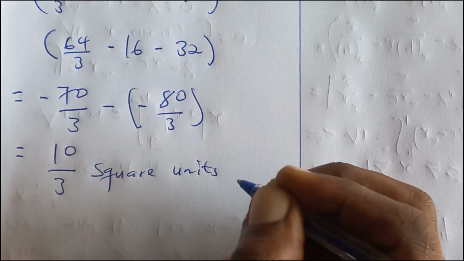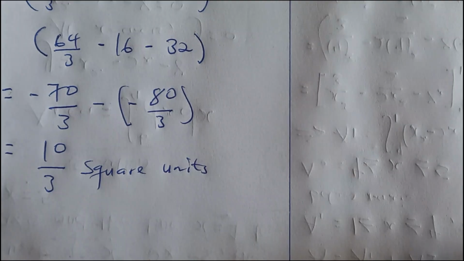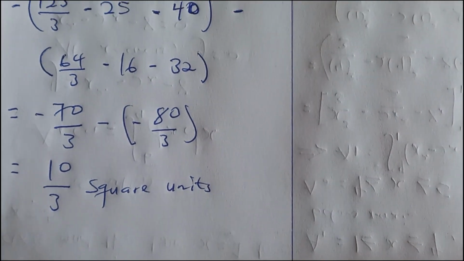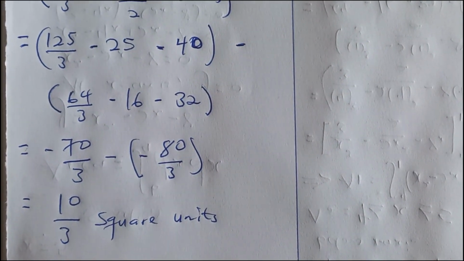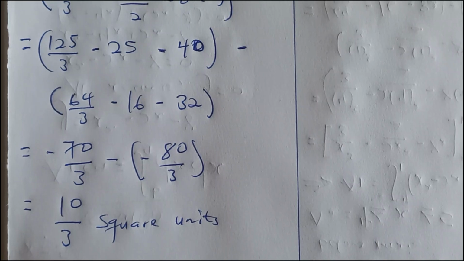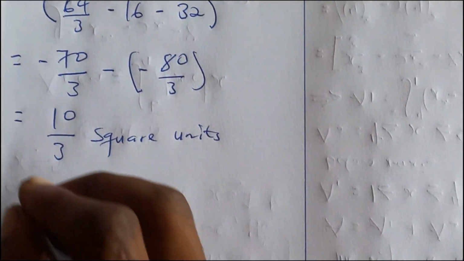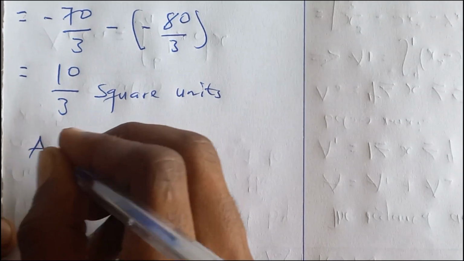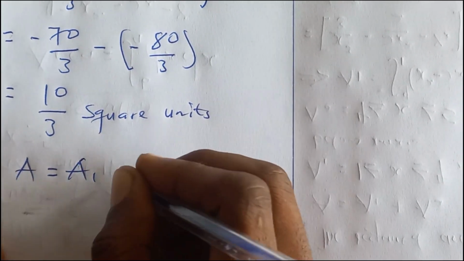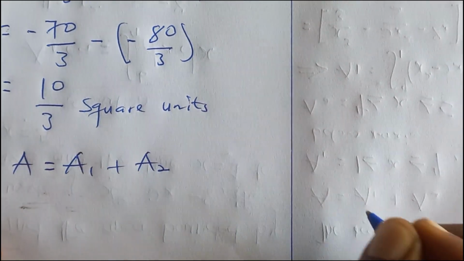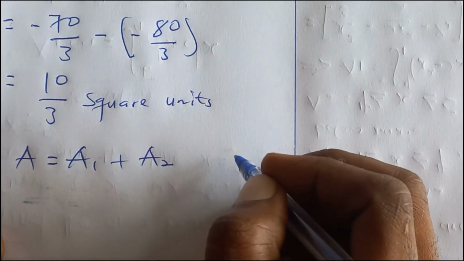So now we need to calculate our area for the whole curve, which was A1 plus A2. It was A1 plus A2.